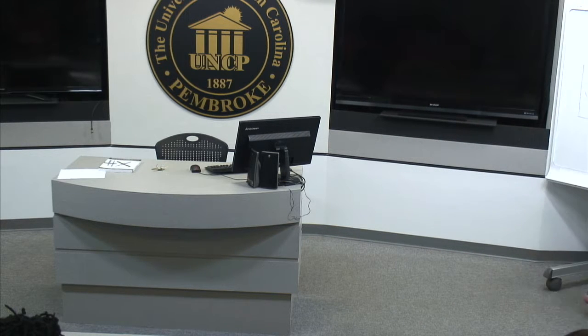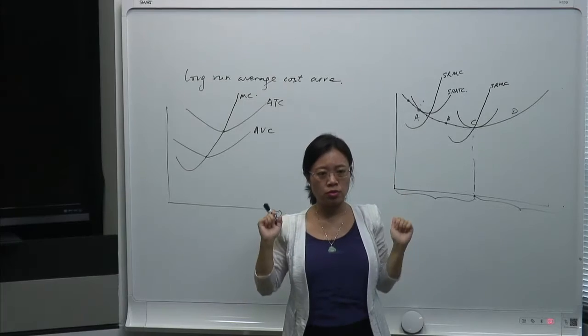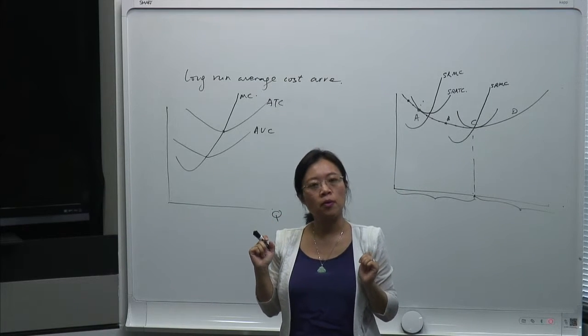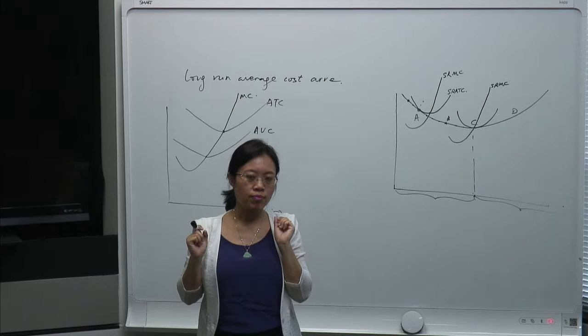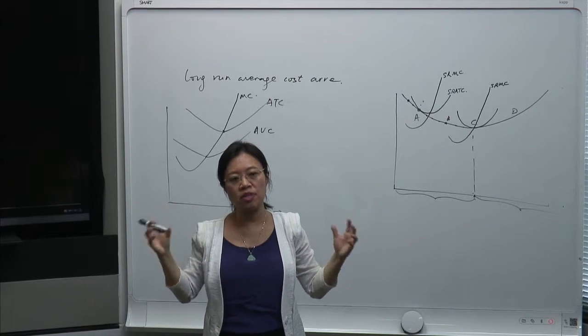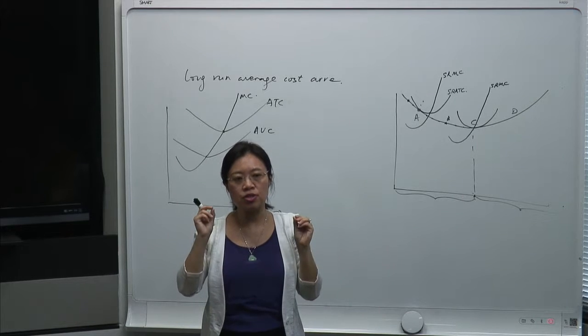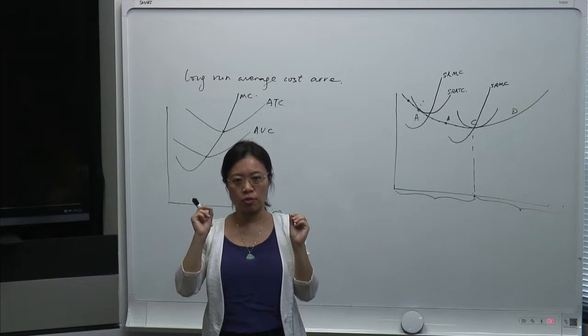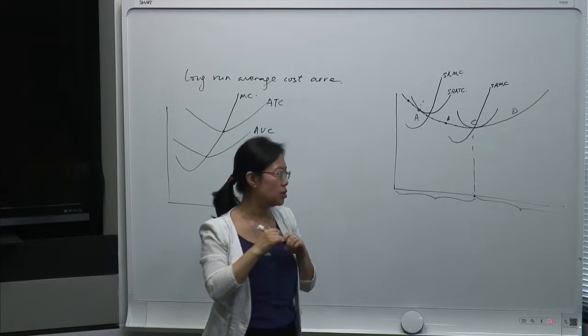So if the firm is in this range, every time they increase the scale, the average cost is going up. Is this bad news or good news? Bad news. So this time, every time they make their business bigger, they're experiencing a higher average cost per unit of production. So this is not good news.